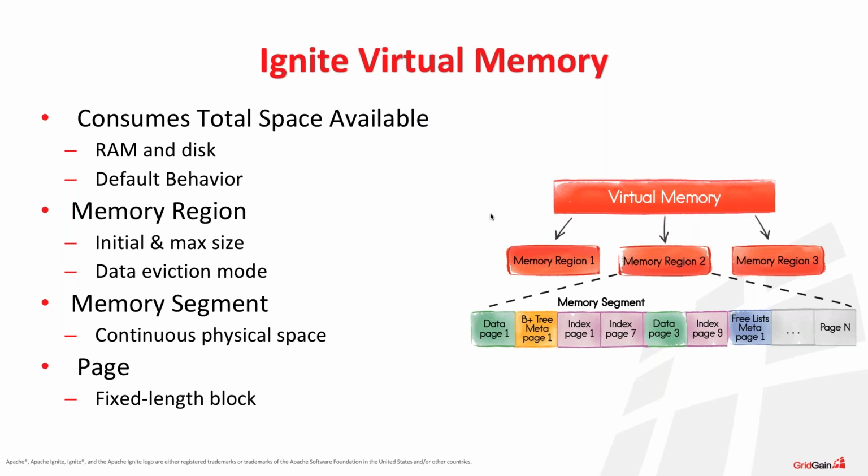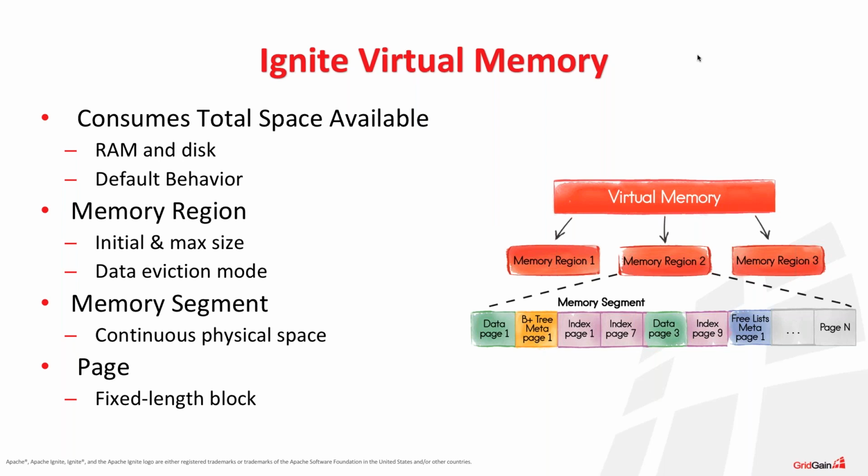But there is a way to configure and to change this behavior using so-called memory regions. So as you can see from this picture, we have two different memory regions. And the difference is that they can vary in initial and maximum size, and different data eviction modes that we are going to discuss further.